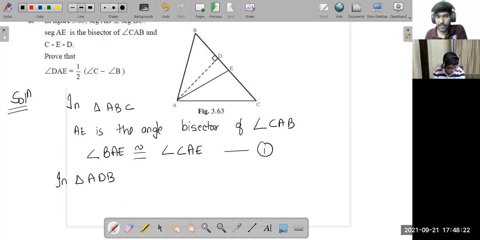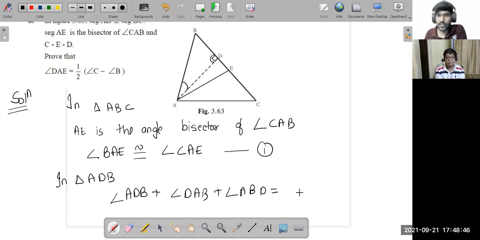In triangle ADB, angle ADB plus angle DAB plus angle B, this will be equal to 180 degrees.